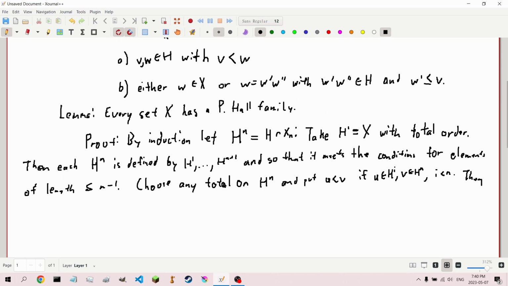Then H, being the union of the H^n, is a p-Hall family.